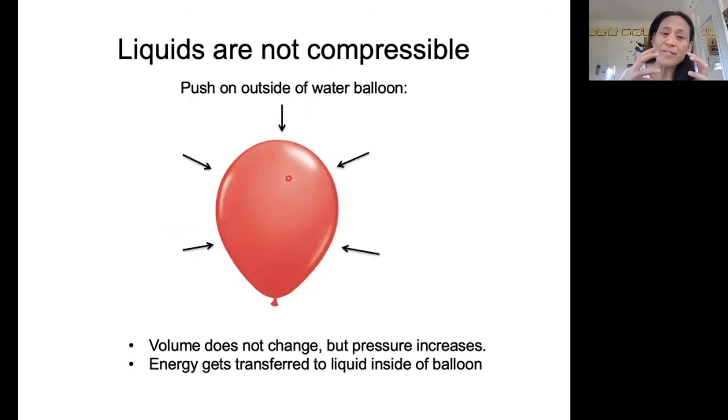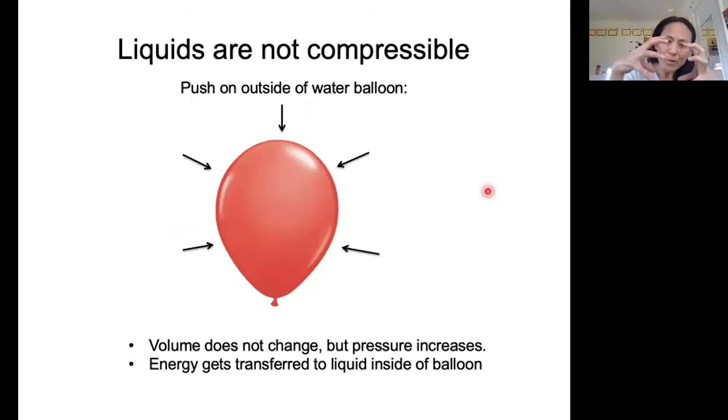If you push on the outside of it, hopefully you know from experience that you can't make that balloon any smaller, right? What happens if you push on one area is it's just going to bulge out on another area. And so you can't compress that liquid because liquids are not compressible.